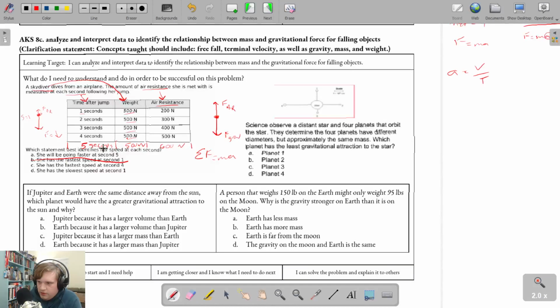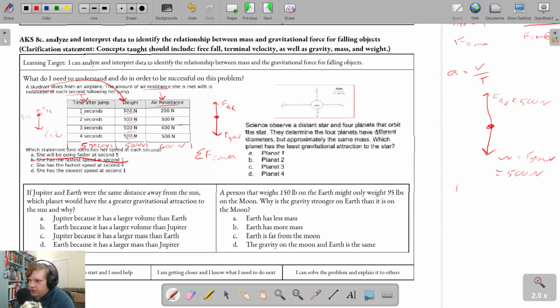Okay, we're given our weight right here. Weight is equal to force of gravity, that is equal to 500 newtons. Imagine these are straight lines. Our air resistance at second 4 is 500 newtons. That means we're at terminal velocity.